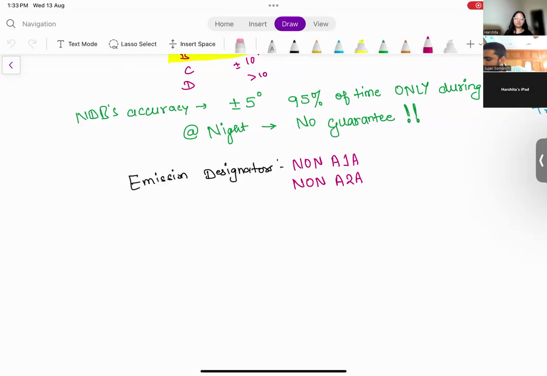Yes, NDB. Okay, the first one. N0N A1A, N0N A2A. Yes. These are the two emission designators for NDB, N0N A1A and N0N A2A. These you have to remember.